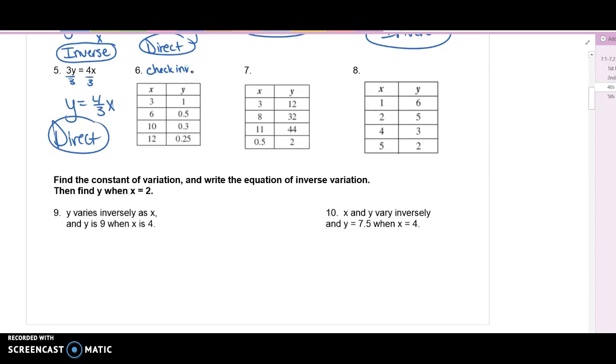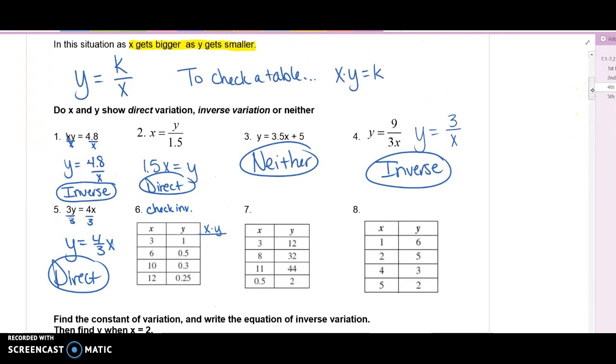And if you look back up above, to check inverse, we are going to do our x values times our y values and see if that gives us a constant number. The reason that we're doing x times y is, if you take this inverse variation equation and get k by itself, you would have to multiply x on both sides. So when you do x times y, you should get that constant number k.